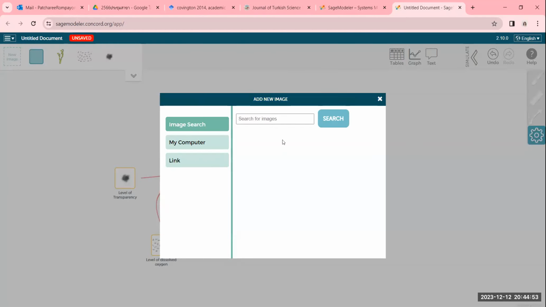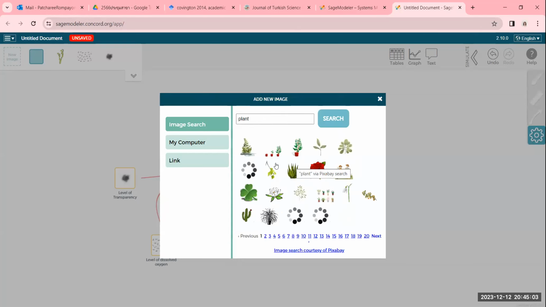Plant. Maybe you have to find the plant. And also, just choose one. The brush. Yep. How about this one? Yeah.